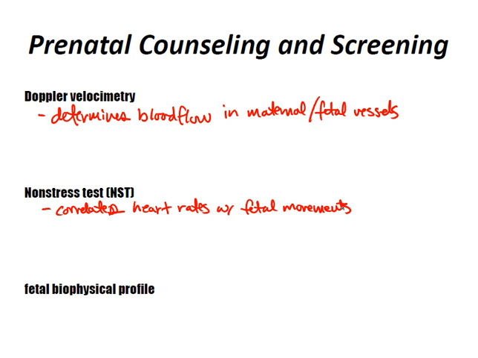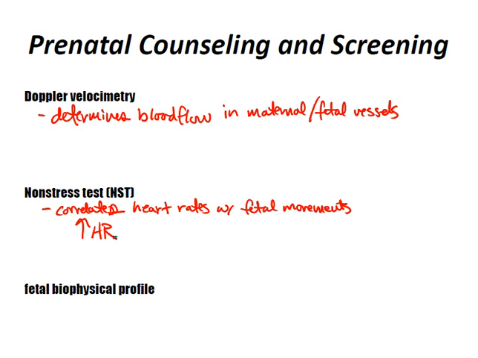Now, normal or healthy results are active fetal movements cause an increased heart rate. Remember, the fetus has a higher heart rate than we do. Abnormal results may be due to many fetal complications, including acidosis or hypoxia and/or neurological depression.